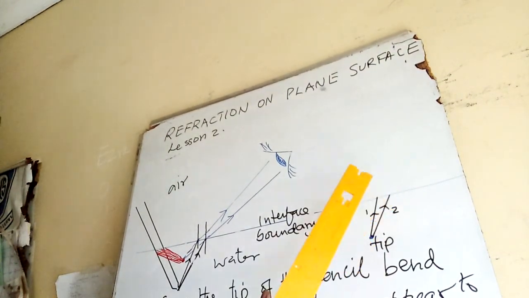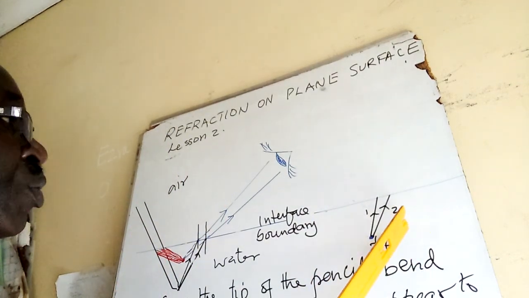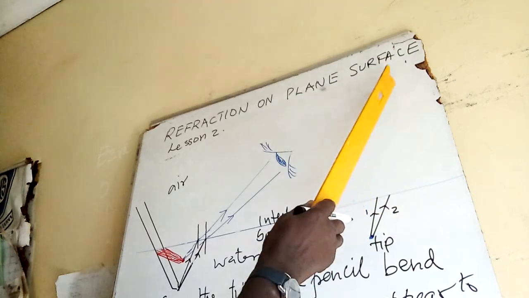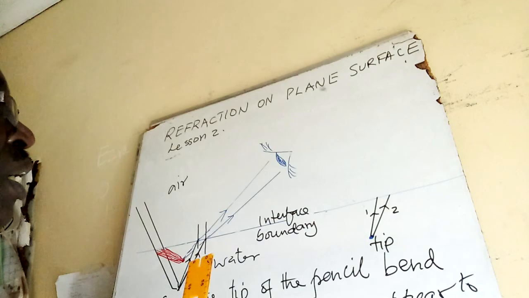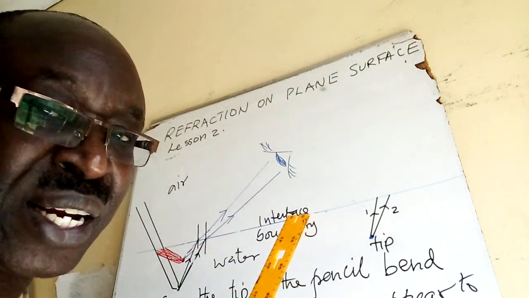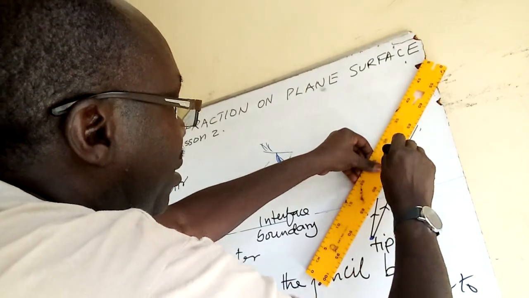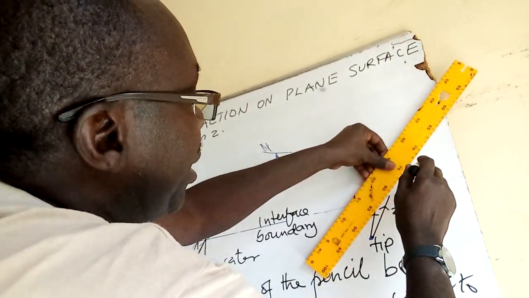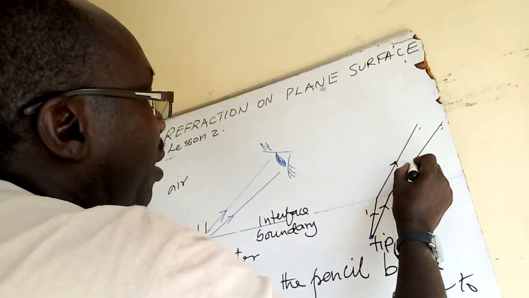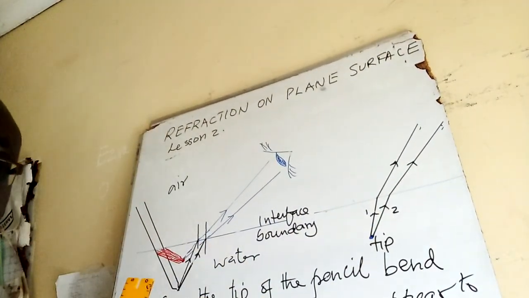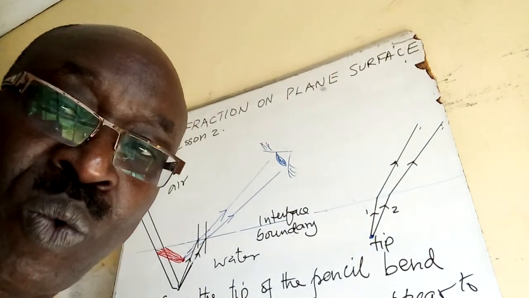The rays have gone to the boundary between air and water. So we are saying it cannot continue straight. They will bend. Okay? So I can draw that. They have bent. Now, what is it?